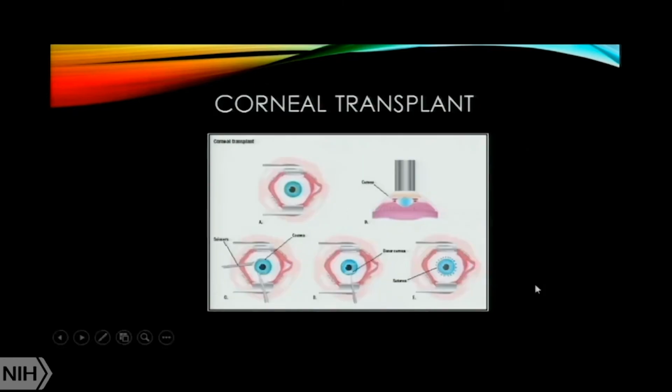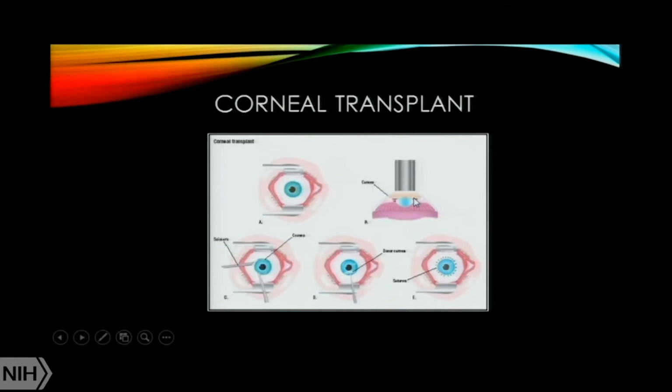Now, I'll take a minute and give you a brief diagram, and this really simplifies corneal transplant surgery. I'm sure Dr. McLeod and Dr. Weiss are cringing because this makes it way too simple. But you have a patient here, and he's got his lids open with the retractor, and there's a trephine that goes in and punches out the cornea.